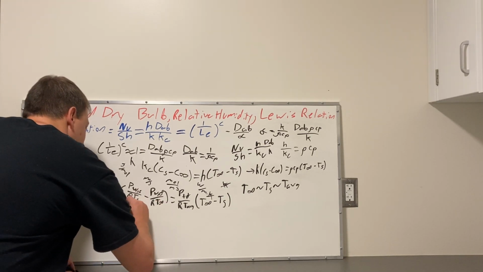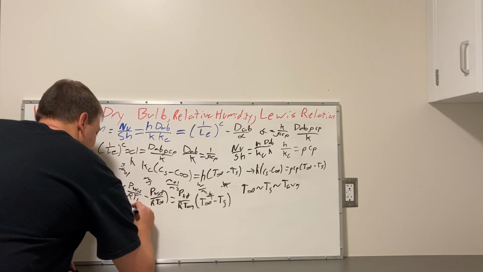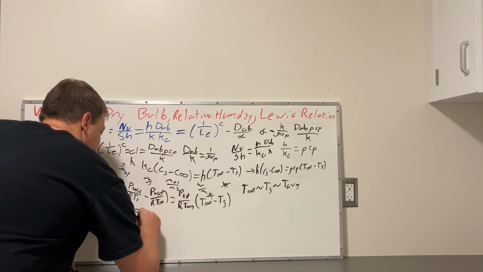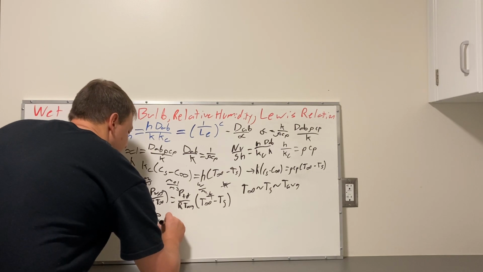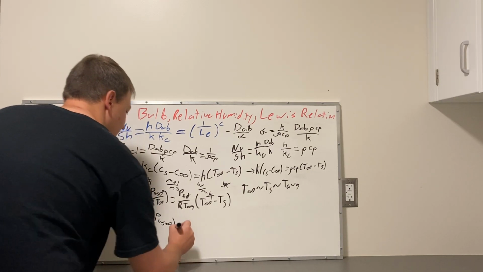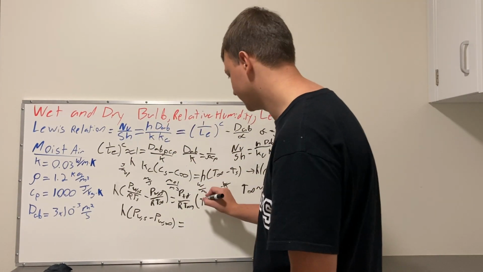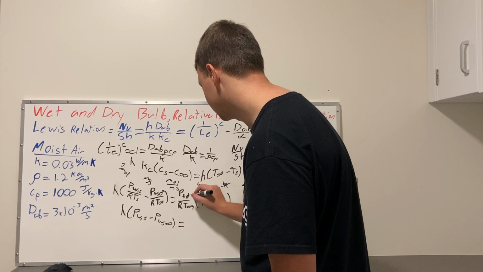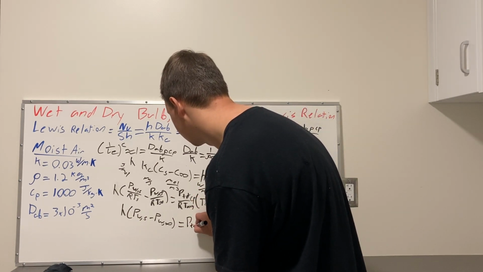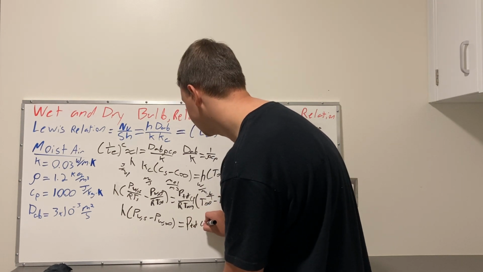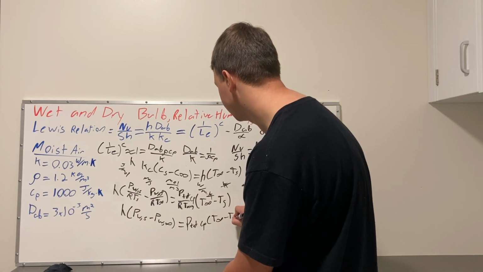So we have the heat of vaporization times the pressure of the water at the surface minus the pressure of the water of the environment equals the total pressure, I forgot to put in the heat capacity, so the total pressure times the heat capacity times the temperature of the environment minus the temperature of the surface.